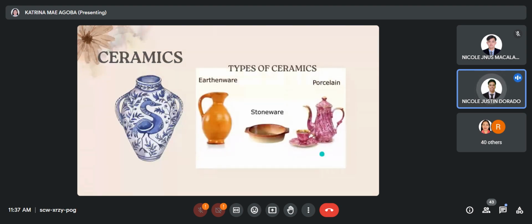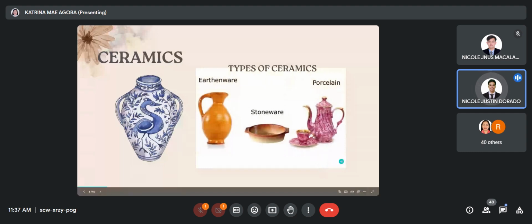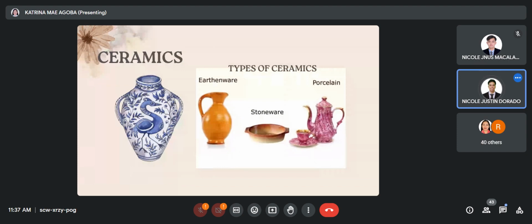So, ang ceramics daw ay may tatlong types. Yun yung earthenware, stoneware, at porcelain. Ang earthenware daw is a clay fired at relatively low temperature or between 1,000 to 1,500 degrees. Ang result nito is hardened but brittle material which is slightly porous.